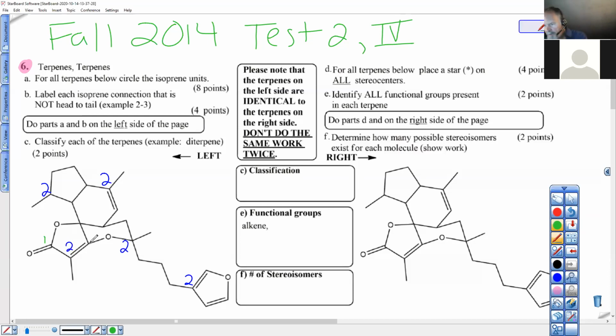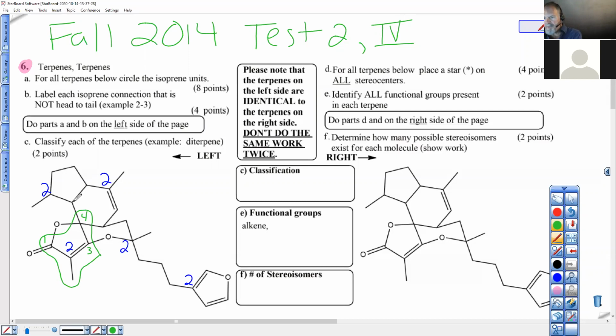Now, do we go 3? Yeah, there's only one way. 3. And, well, you can't call that 4. It's not a carbon. 4. 5 carbons in the circle. What is this? I don't know. Might be a 3, might be a 4.